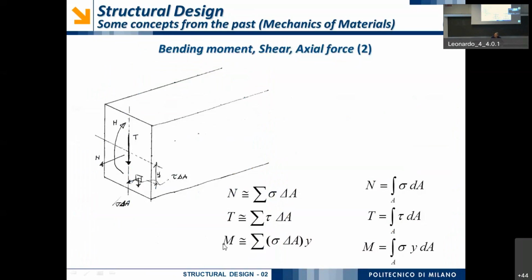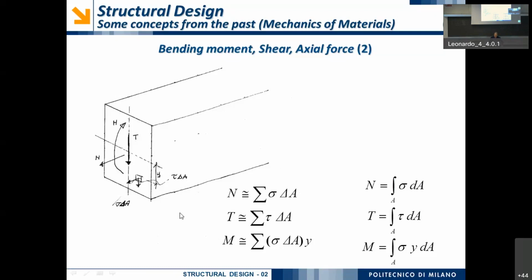I have defined the bending moment as the moment of the resultants of all these local forces. In fact, it is the summation of sigma delta A, which is the force acting on the small area, times the distance from this axis, okay?